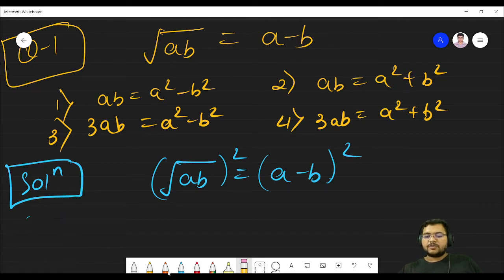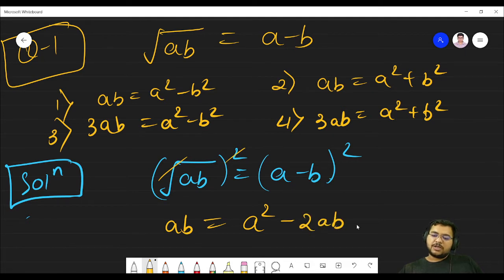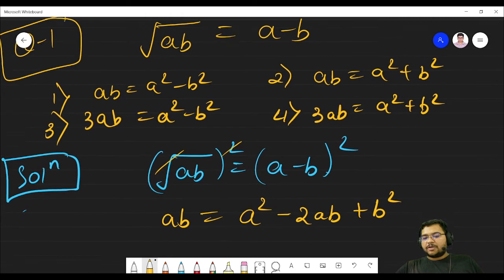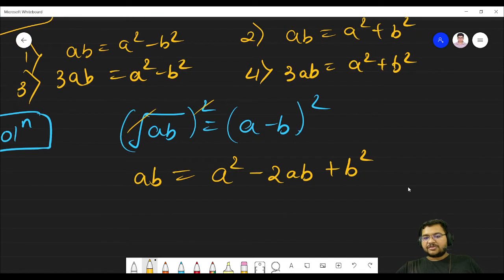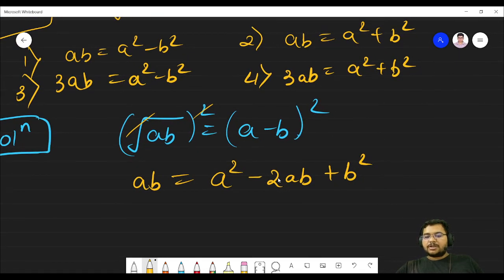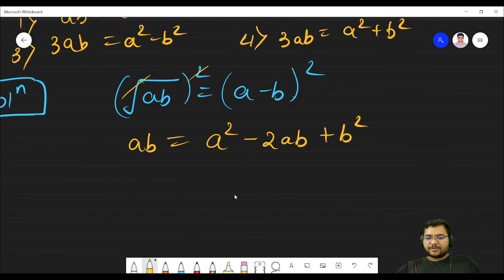Okay, so what I will write here is ab, because the root and square will get cancelled, and a minus b whole square will be a square minus 2ab plus b square. Now the second thing we are able to see from the options is that we have to keep square terms on the right hand side and the normal terms on the left hand side.